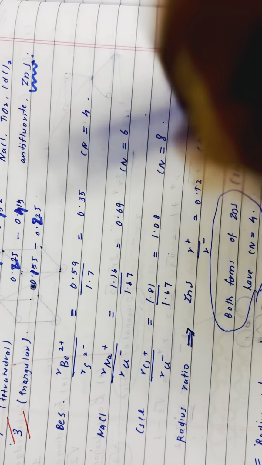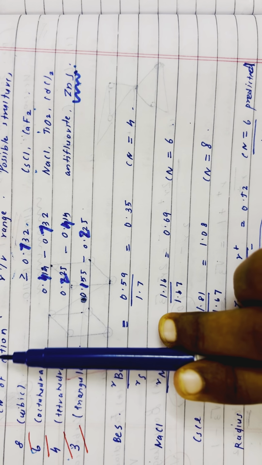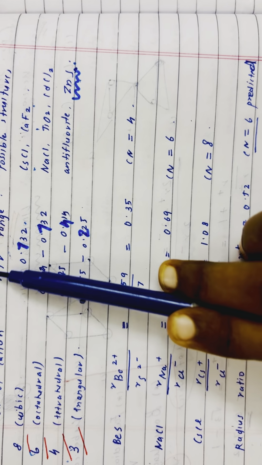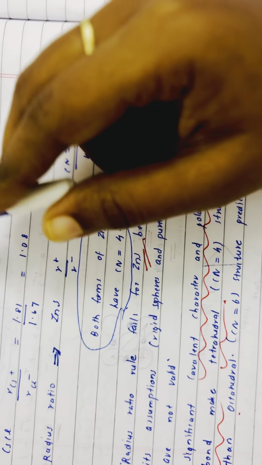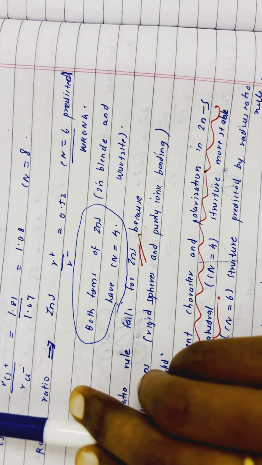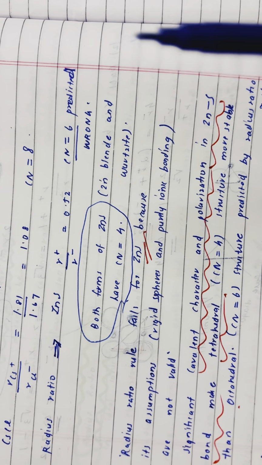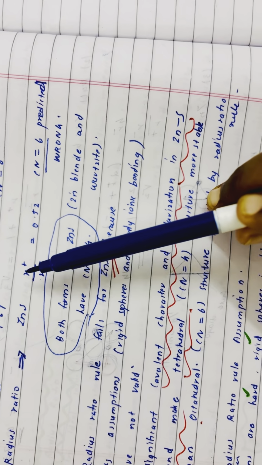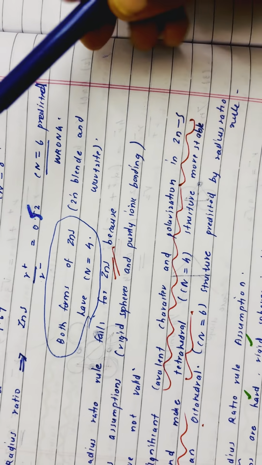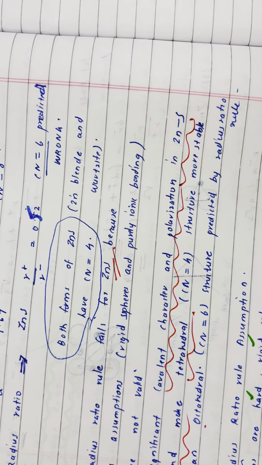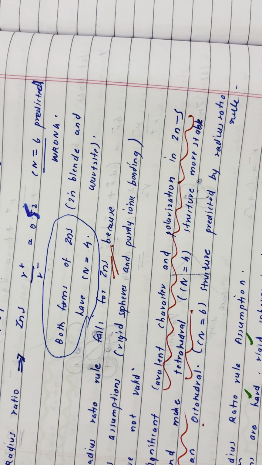See the example: for zinc blende, the R plus to R minus range should be from 0.2 to 0.4, then only it will give a tetrahedral structure. But while calculating using this radius ratio rule, R plus by R minus is found to be 0.55, which is in between 0.4 to 0.7.